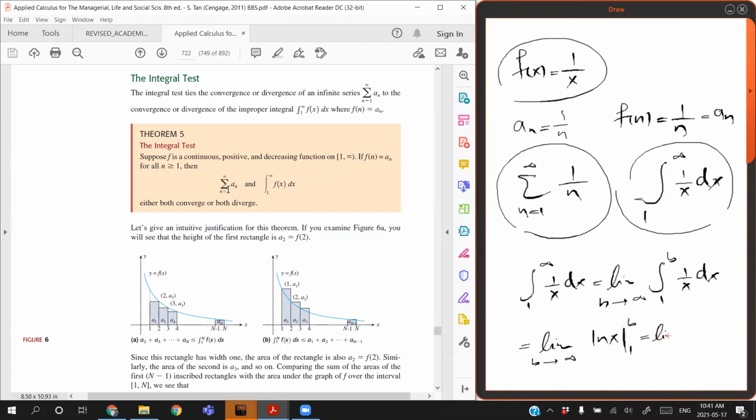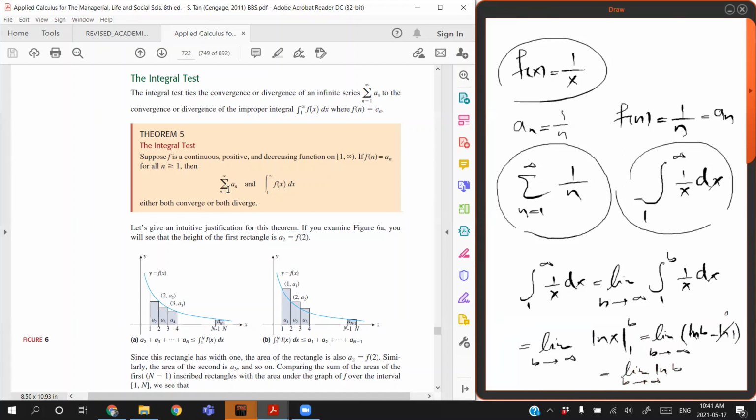That's going to be the limit of ln of b minus ln of 1 as b approaches infinity.